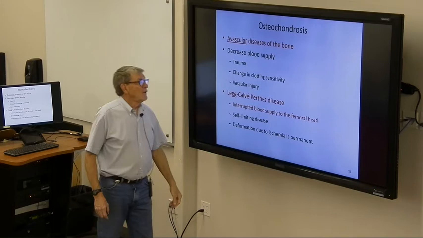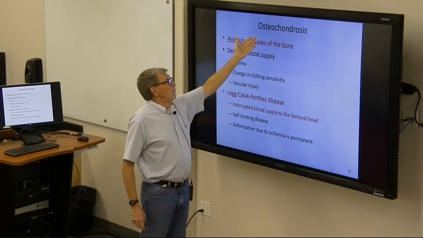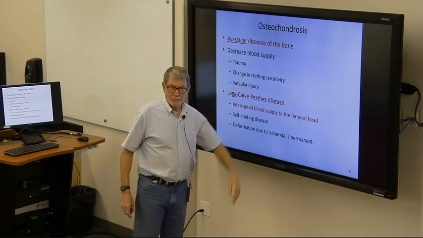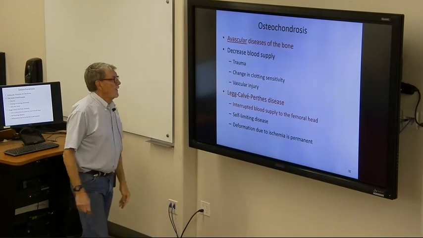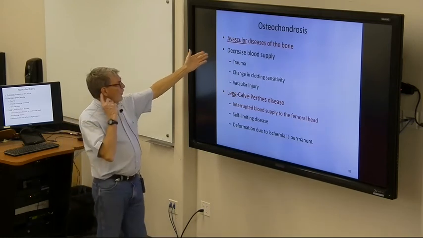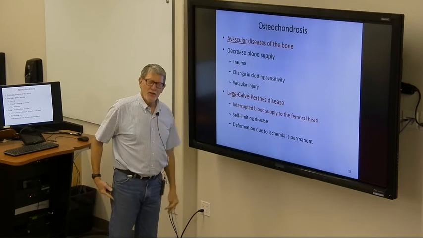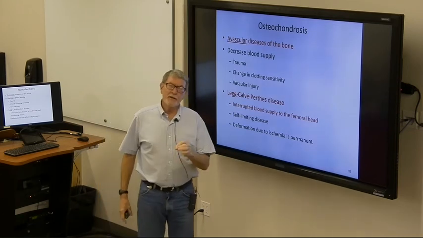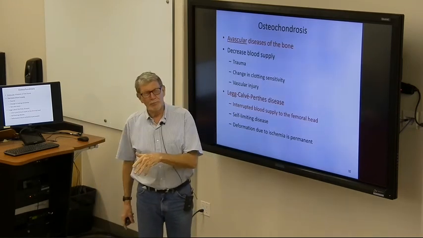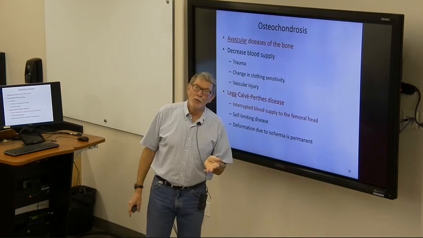Osteochondrosis, this is bone cartilage condition. And these are a couple of conditions that often are related to a lack of blood supply to the end of the bone.